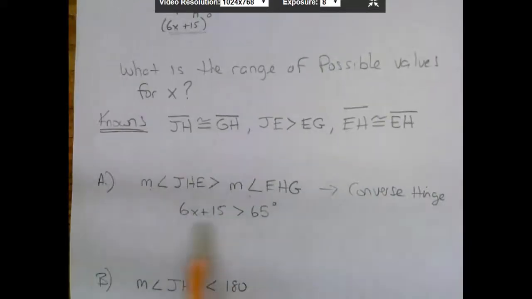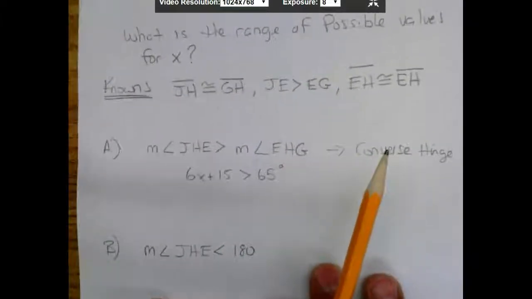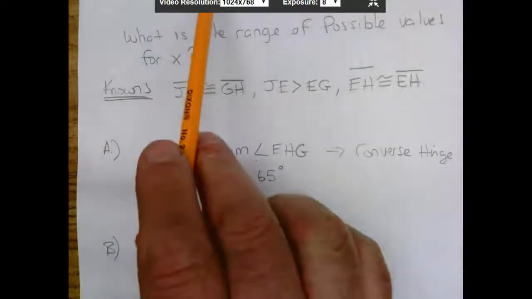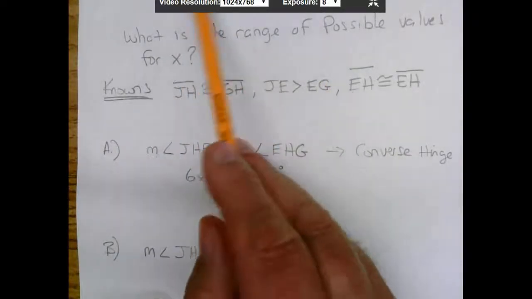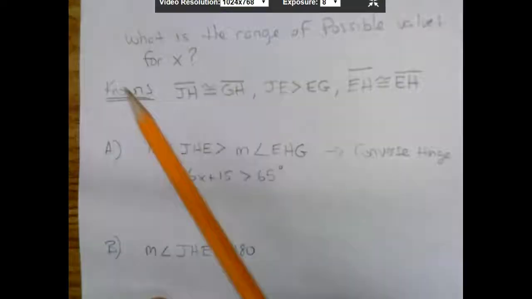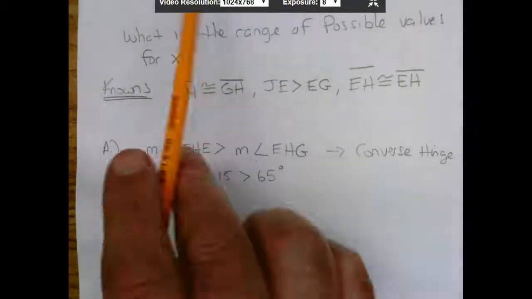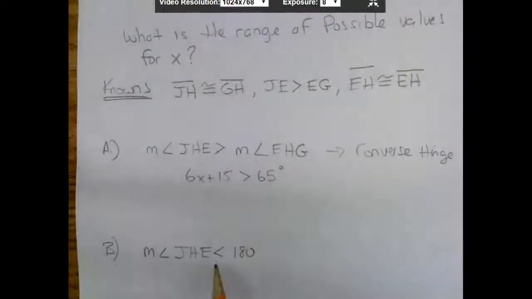So then we can set this up as an inequality. We can also at the same time do something else. We also know that these two angles right here cannot be greater than 180, right? So the maximum angle JHE can be is less than 180.